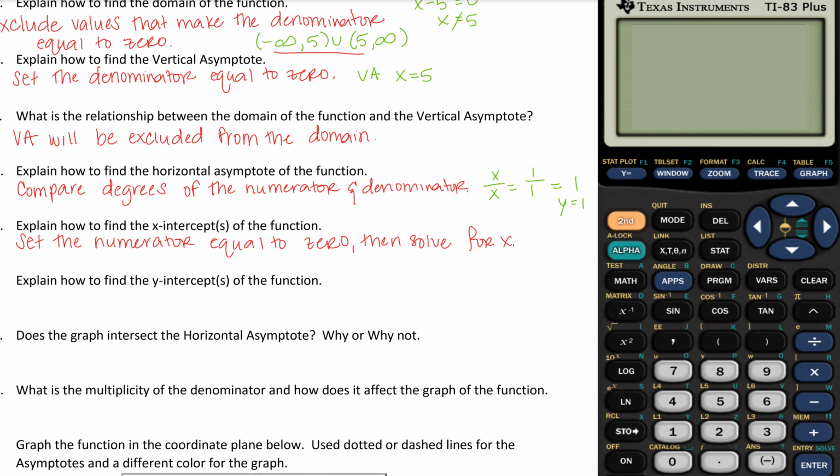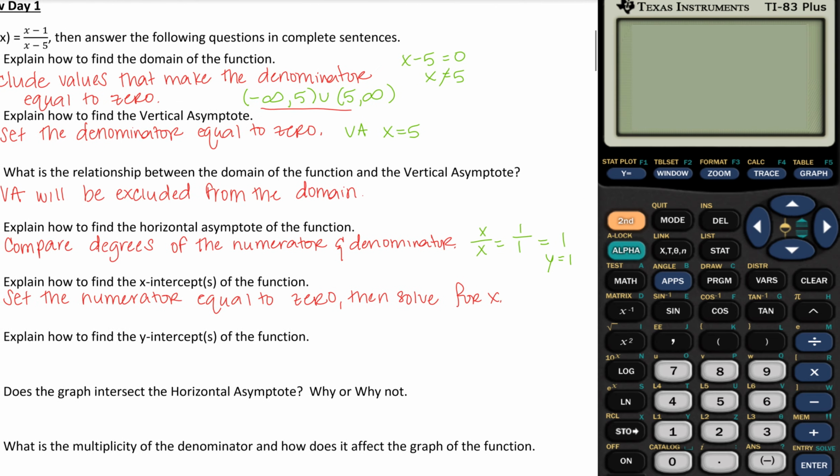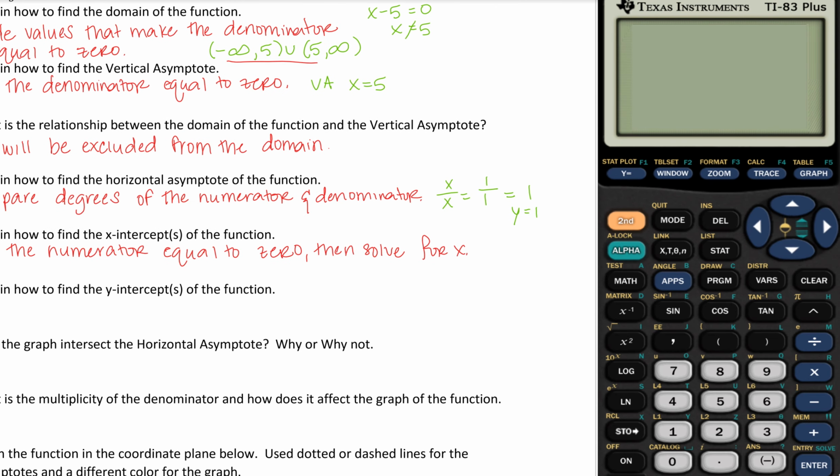So of course, what's my numerator? I believe it was x minus 1, yep. So all I have to do is say x minus 1 equals 0. I solve it and I get x is 1. So I have an actual point at 1, 0 in my graph.